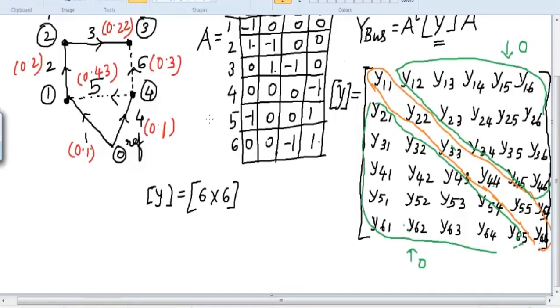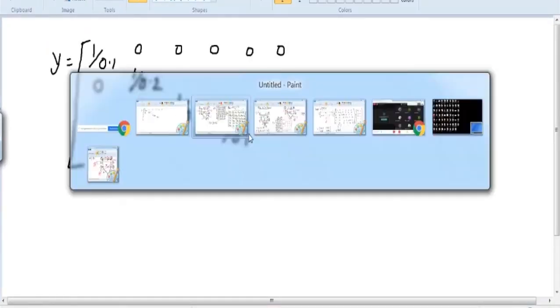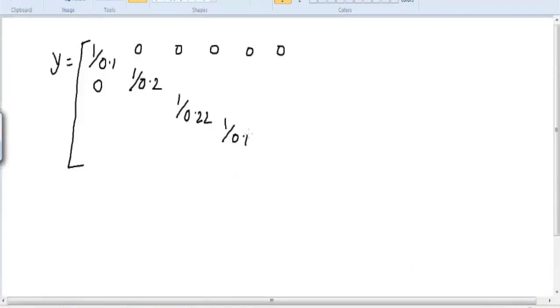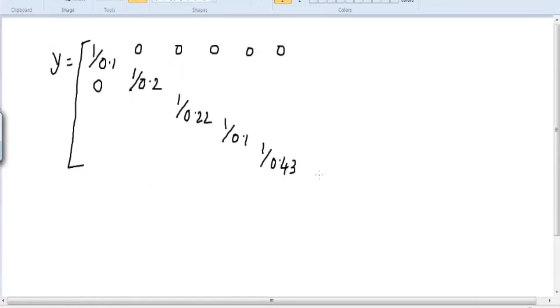Fourth is 0.1 again, so again 1 by 0.1. Then fifth is 0.43, so we will make 1 by 0.43. What about sixth? Sixth is 0.3, so we will make 1 by 0.3. Rest of all the values we have to put 0, as these are the off-diagonal elements.